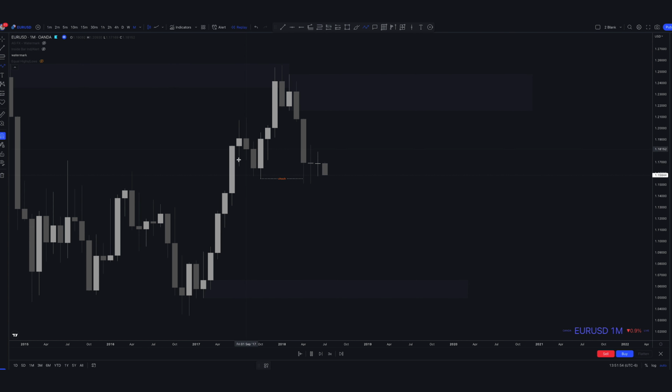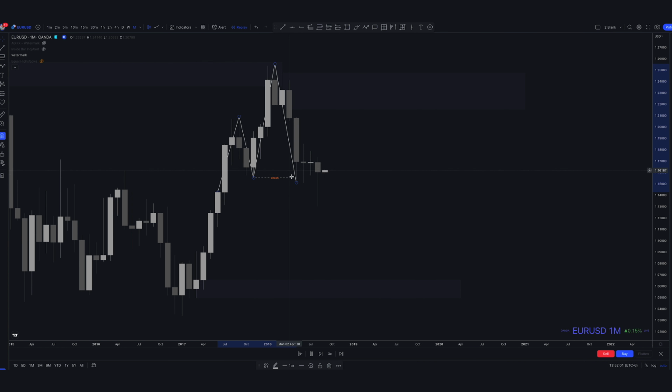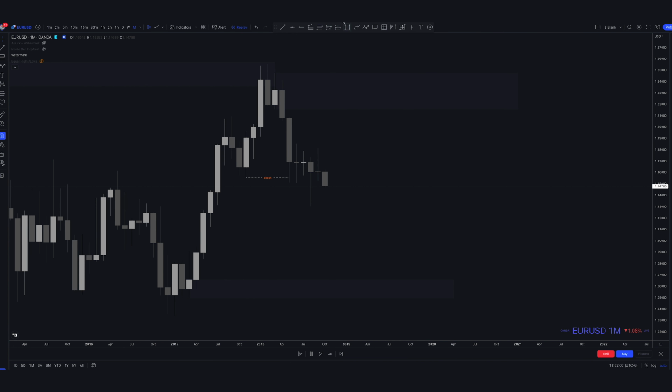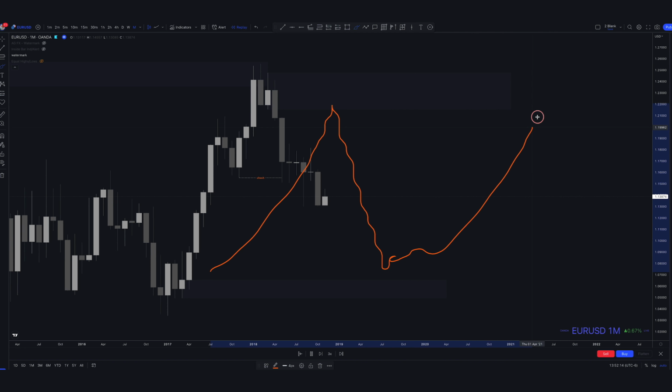It could do a higher high here and then continue up. But this is a good indication, so we can wait for the pullback, and then price can start to do a bigger pullback to maybe these areas to then continue up.